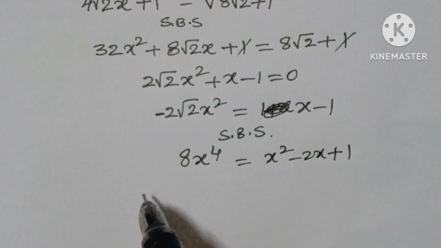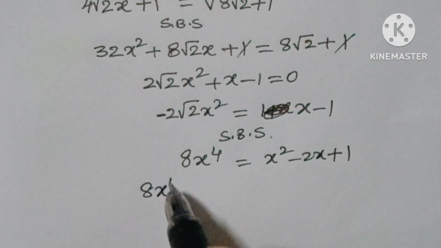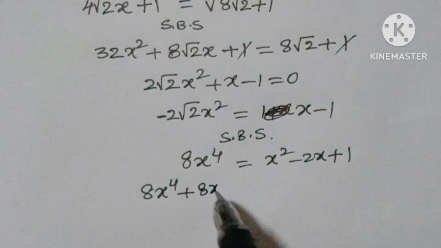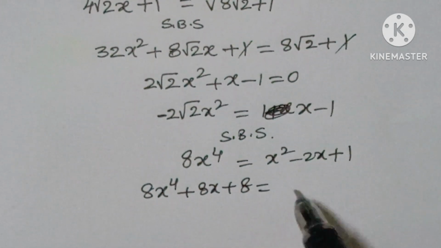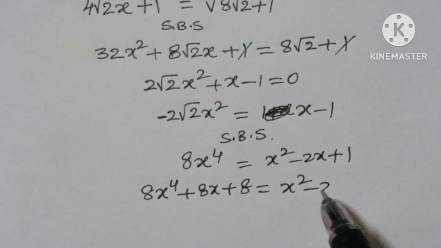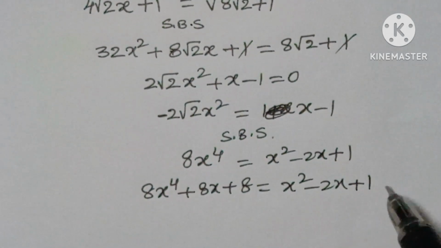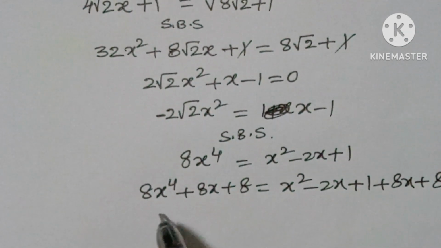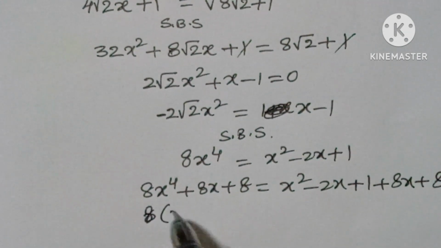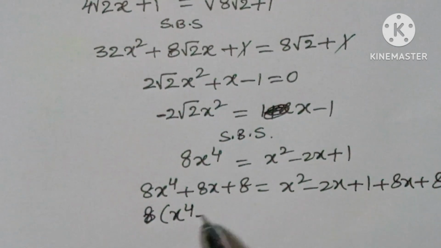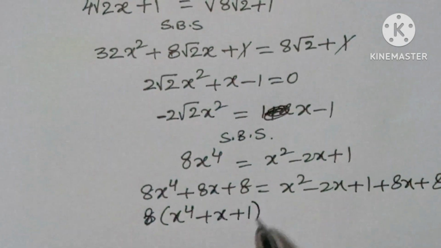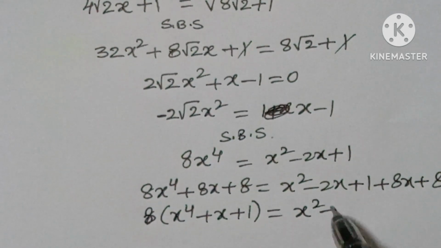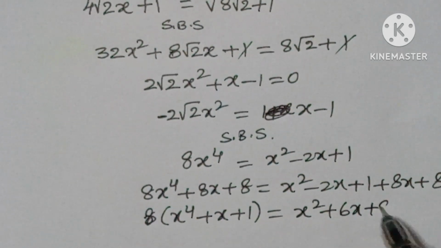Now here we are having a logic: adding 8x plus 8 on both sides. So here x square minus 2x plus 1 plus 8x plus 8. So here 8 common, x power 4 plus x plus 1 is equal to x square plus 6x plus 9.